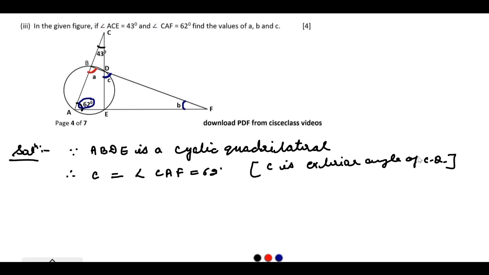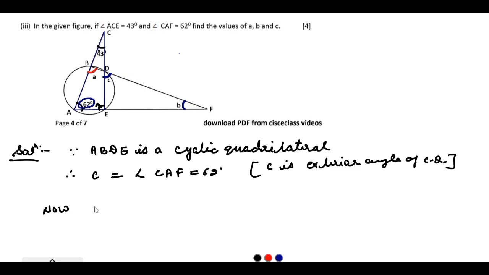Now look at the triangle ACE. Sum of all the angles of a triangle is 180 degree. It means 43 plus 62 plus this angle is equal to 180 degree. With the help of this, we can find the angle AEC. And then A plus angle AEC will be 180 degree, opposite angles of a cyclic quadrilateral. So we can find A in this way.